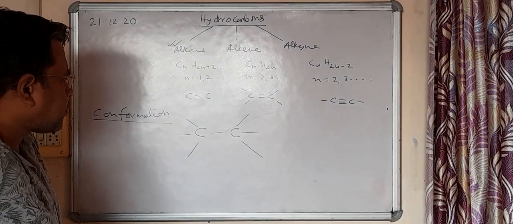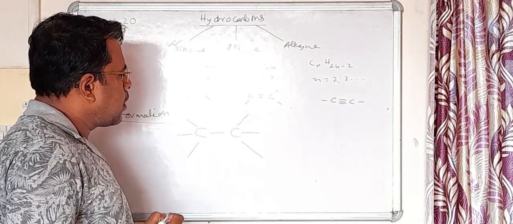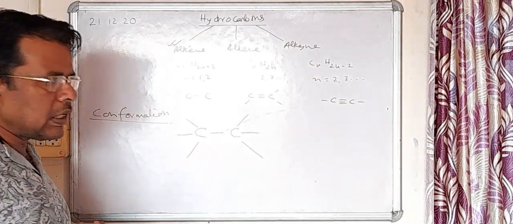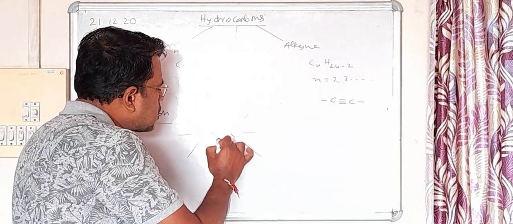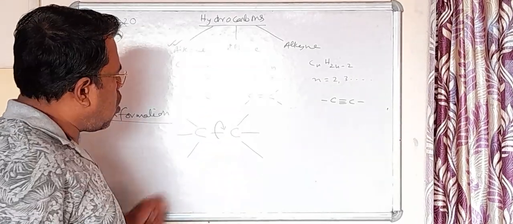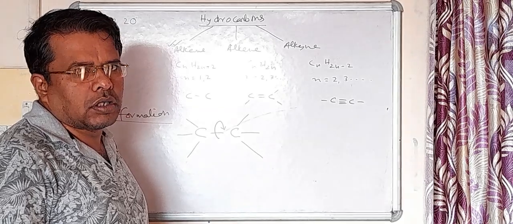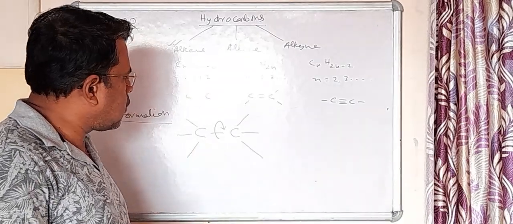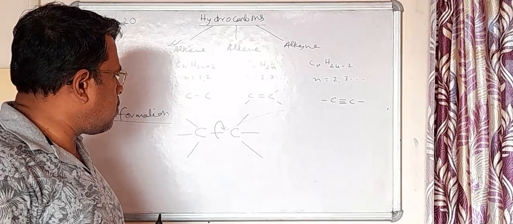So this is sigma bond. Okay, now one property of sigma bond is that, just see this arrow, there occurs free rotation about sigma bond.